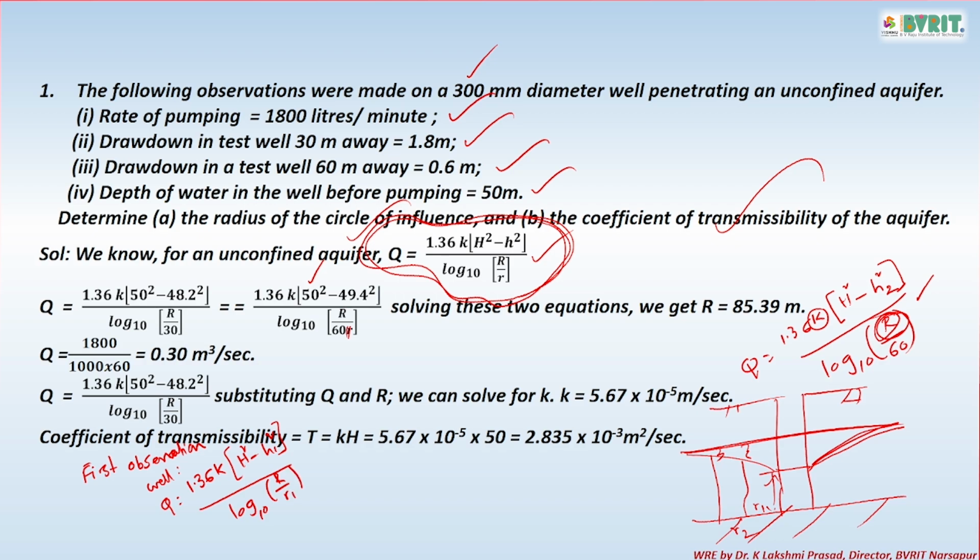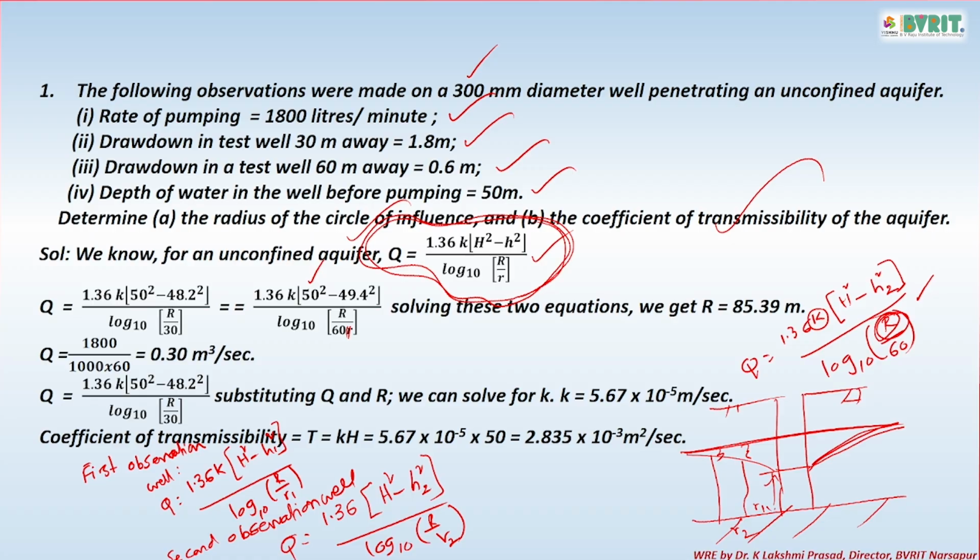Similarly, second observation well, if you take it, Q is equal to 1.36 into K into H square minus H2 square divided by log base 10 R by R2.